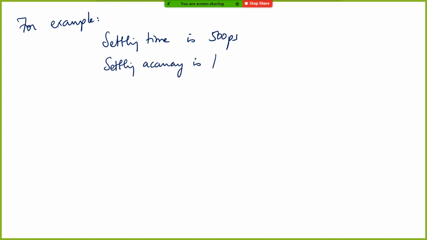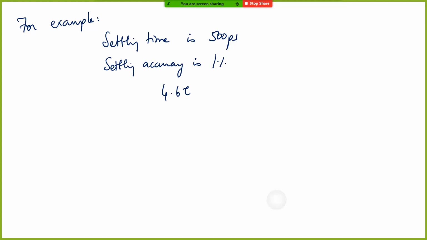For example, let's say my settling time is 500 picoseconds and my settling accuracy is 1%. Then what will I have to do? If you calculate exactly for 1%, I think it is some 4.6 tau, or roughly 5 tau.